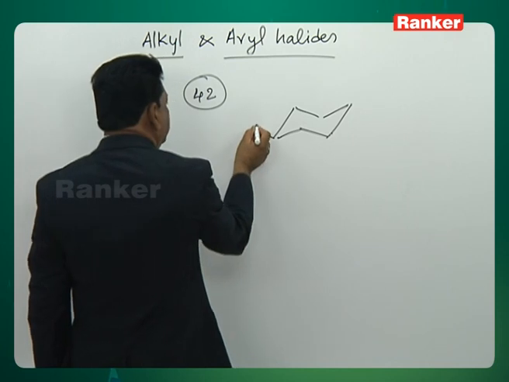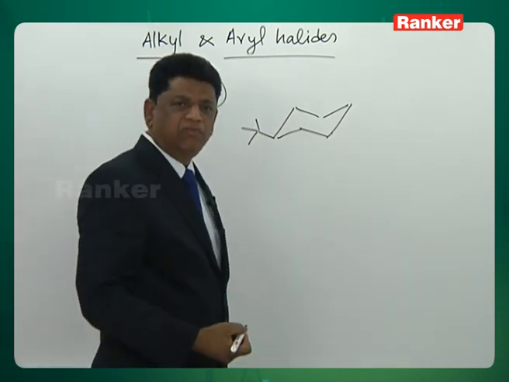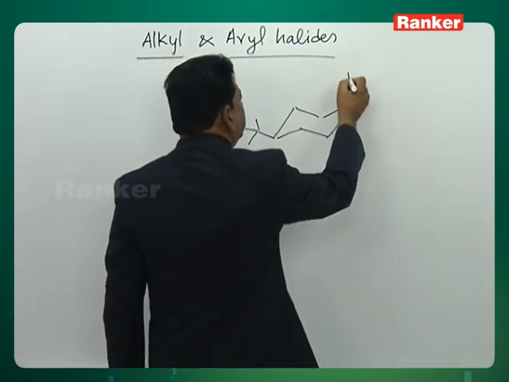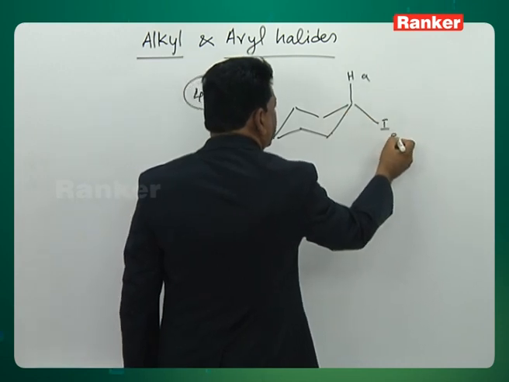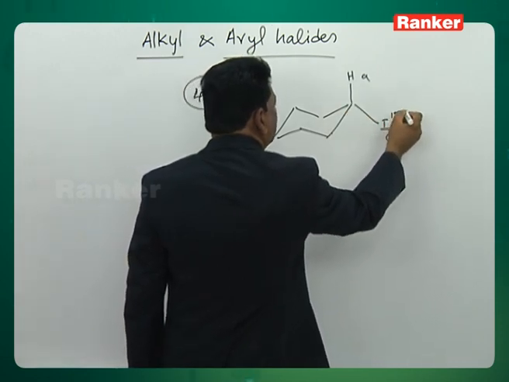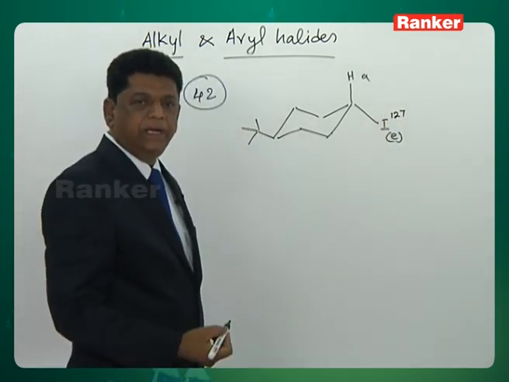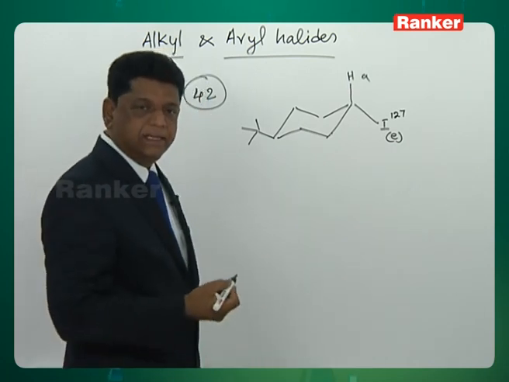Here a tertiary butyl group is added so that the ring will not undergo flipping, and in one compound the hydrogen is axial and the iodine is equatorial. This is the original iodine-127. This is treated with iodine-128, the labeled iodine. So this iodine will go, and another iodine is coming in this reaction.